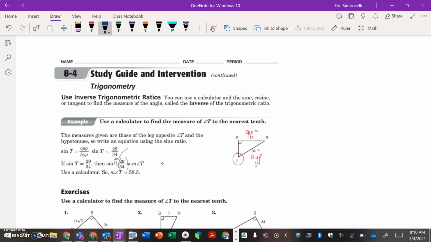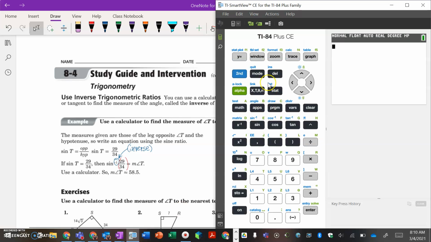And this again is the inverse. In the past, when we dealt with inverses, we were looking at inverse functions, which in a sense is still the same thing, but for our purposes here, it's the inverse of what we're looking at as a ratio, by virtue of taking on your calculator the inverse ratio and in turn getting the angle.